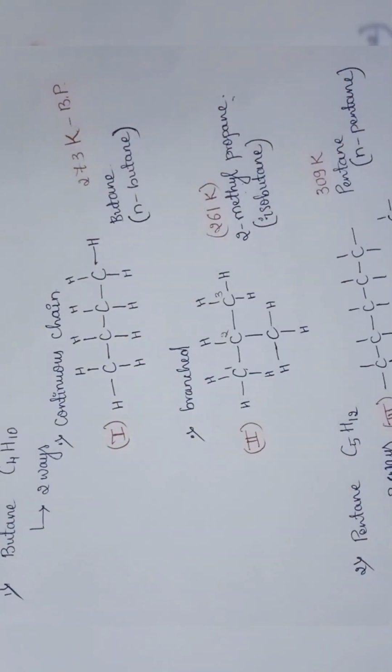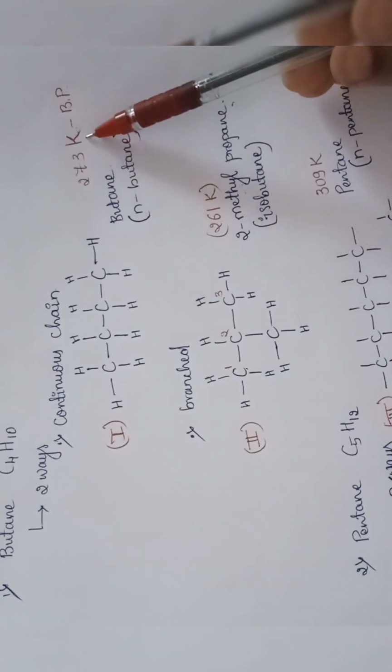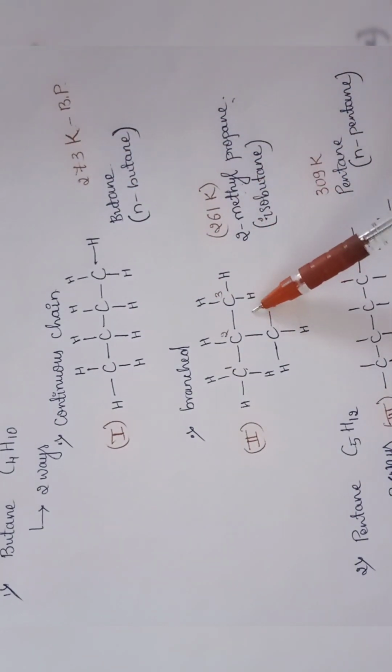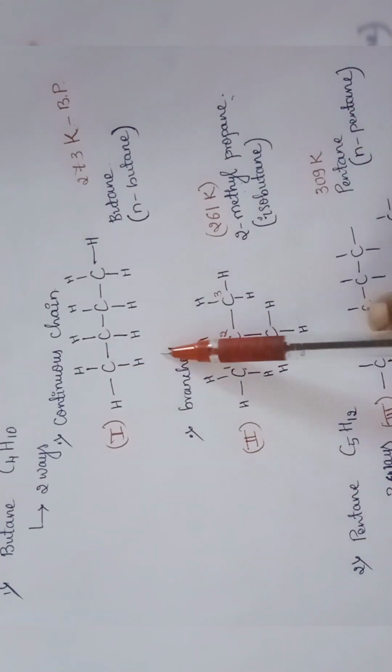In this, we can observe that when it is a continuous chain, the boiling point is 273 Kelvin. When it comes to the branched structure, the boiling point becomes 261 Kelvin. Hence, these are the isomers of butane.